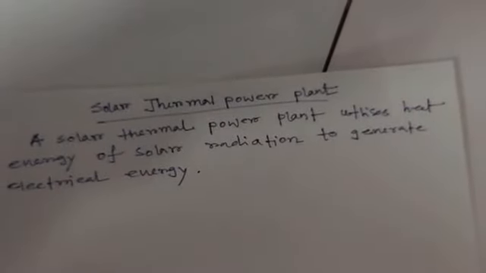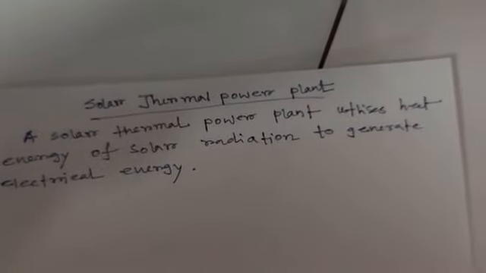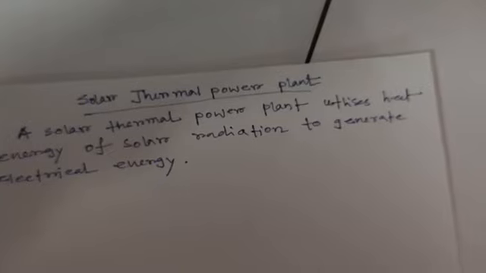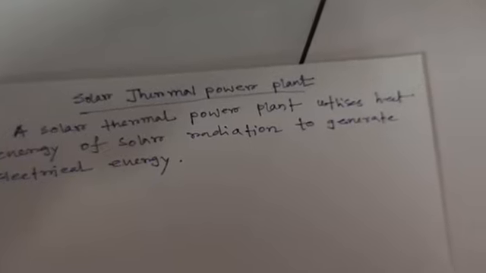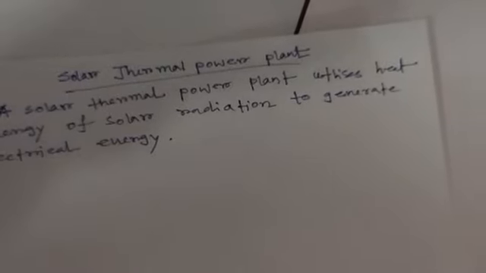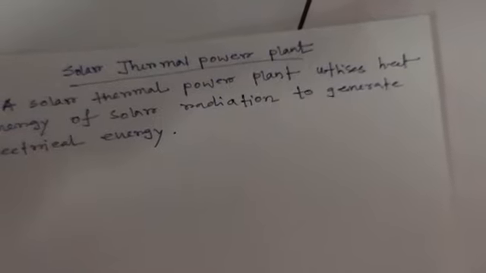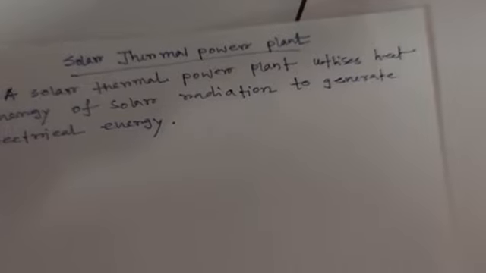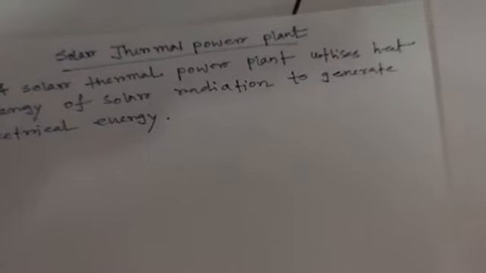Solar thermal power plants are electrical generation plants that utilize energy from the sun to heat fluid or water to a high temperature. This fluid then transfers its heat to water, which then becomes superheated steam.